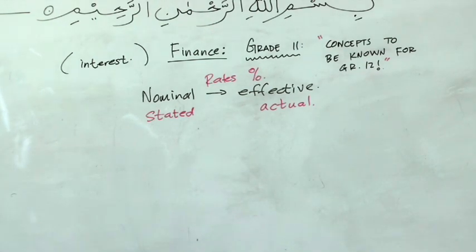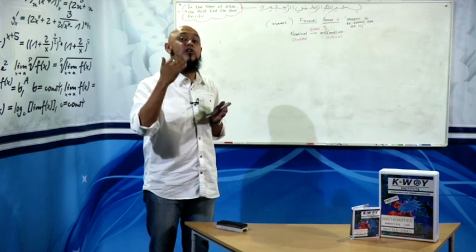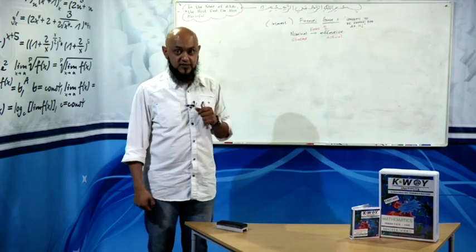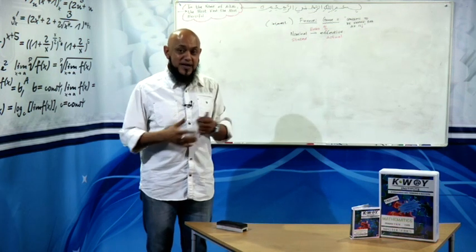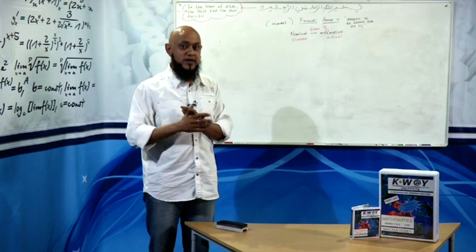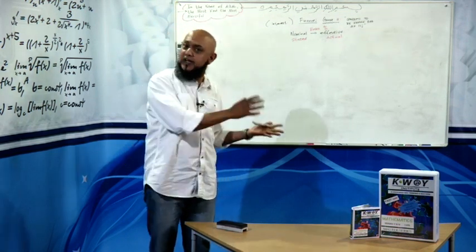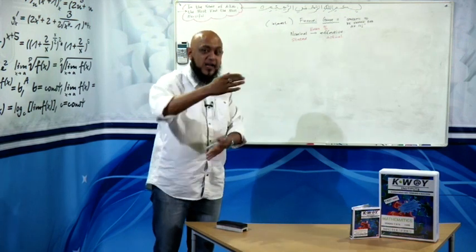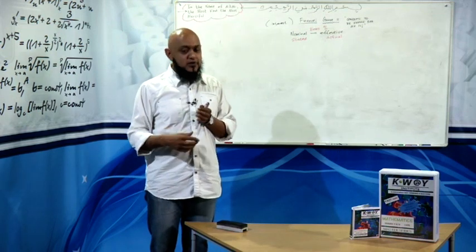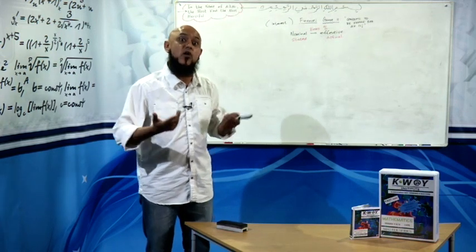Sometimes you go and buy a house and they tell you that you're going to be paying 13% per annum over a period of 30 years, compounded monthly. So you think that you are paying 13% per annum. That's the stated amount. When you do your calculation and work backwards to find out what you actually paid, you find that you paid 13.9% or 14 or 15%.